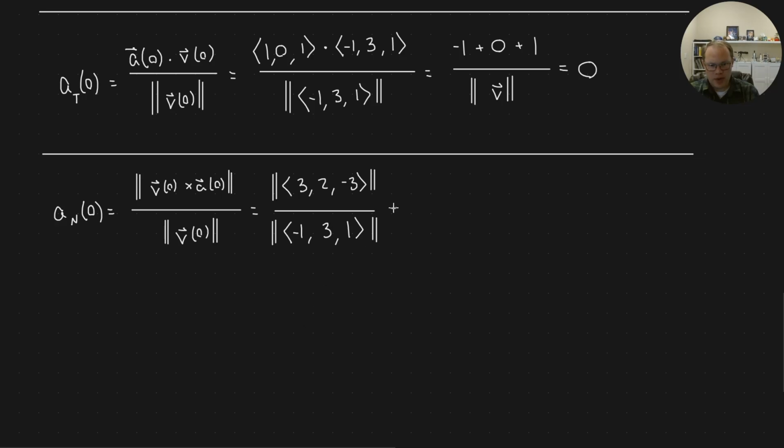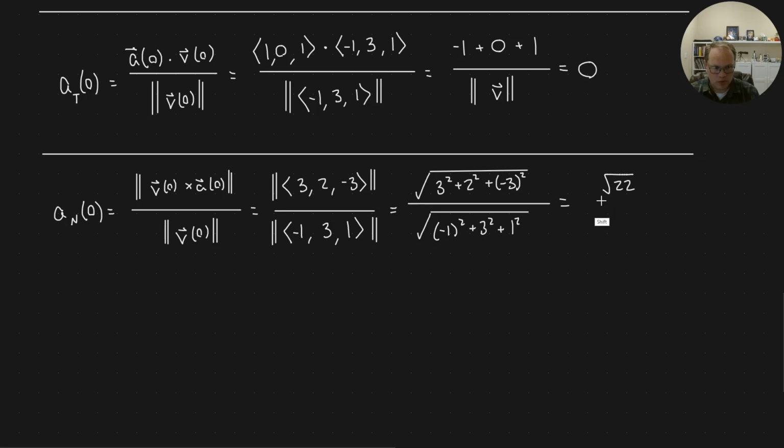Okay, let's evaluate. Numerator, we get the square root of 3 squared plus 2 squared plus negative 3 squared. In the denominator, we get the square root of negative 1 squared plus 3 squared plus 1 squared. So we get 9 plus 9 is 18 plus 4 is 22 on top. Square root of 22.